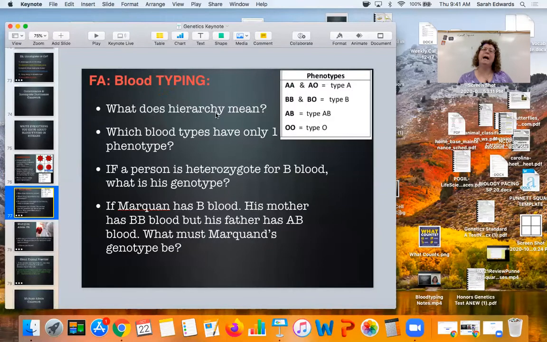Now, what does hierarchy mean then? Well, hierarchy is a ranking. So you have some in the ranking that are higher than others. And the hierarchy in blood types is A and B are both up here as dominant. O is down here at recessive. Another example of hierarchy is your class rankings here at school.